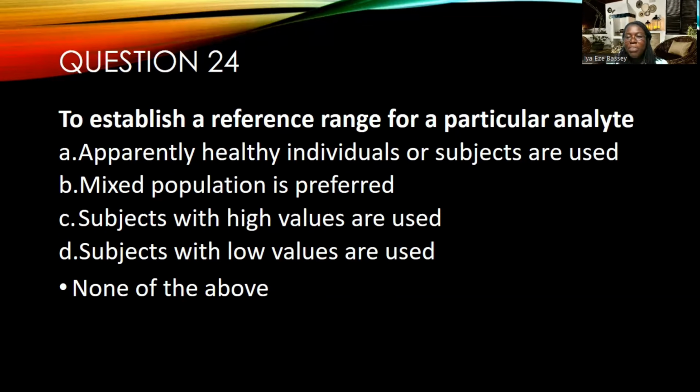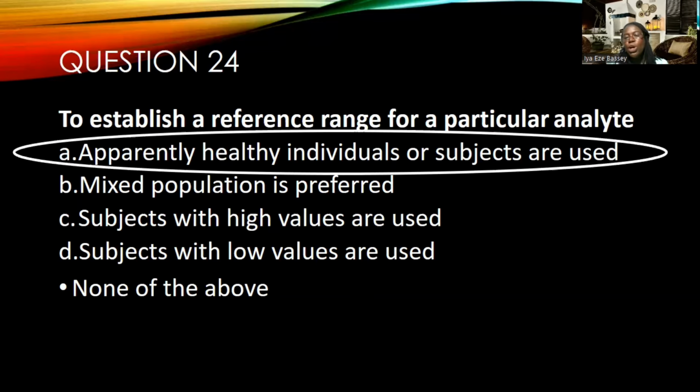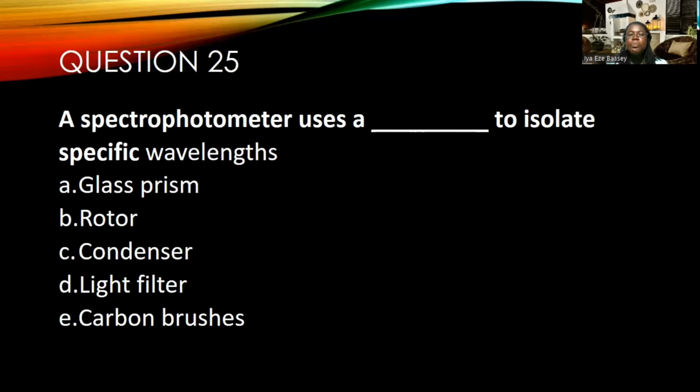When you have that range, you can say this person has a problem, with low or high values in respect to a healthy population. So we use apparently healthy individuals or subjects, okay?